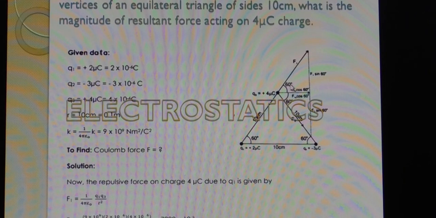So this is the force acting on this charge Q3, and if we represent this force graphically and resolve it into components, that is sine of 60 for this vertical component, and this is the horizontal component. This is the direction of the horizontal component, that is rightward, and this is the direction of the vertical component, that is upward.